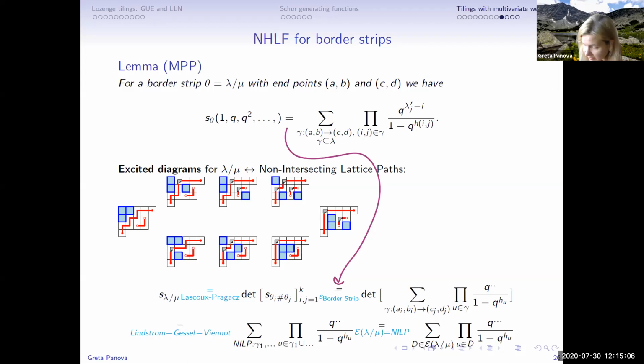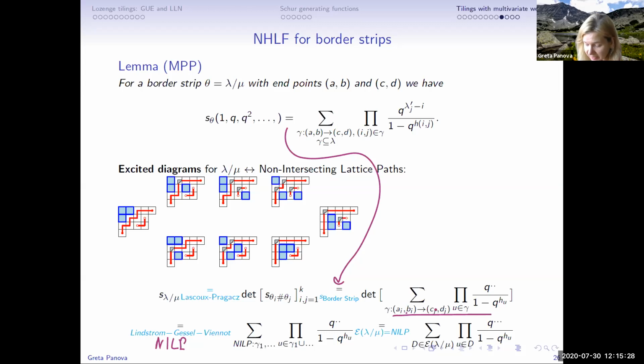So we have a determinant of these things that, as you can see here, have all possible pairs of endpoints for the lattice, and each entry is just a sum over all possible lattice paths between 2 points.